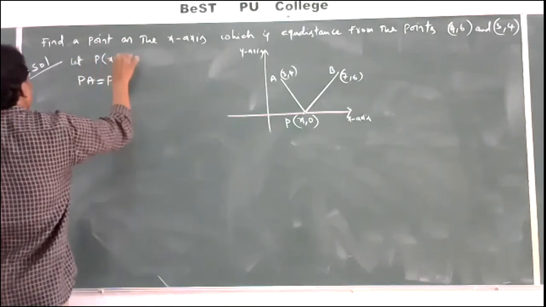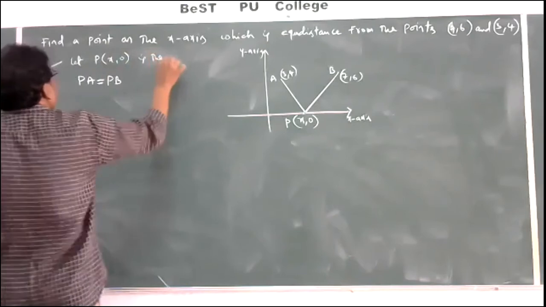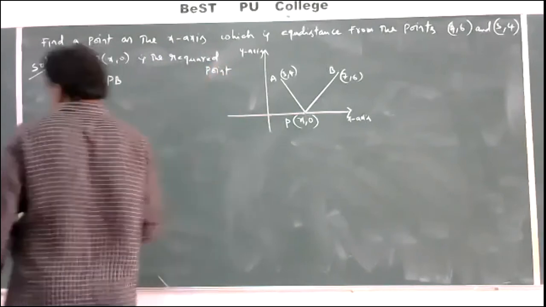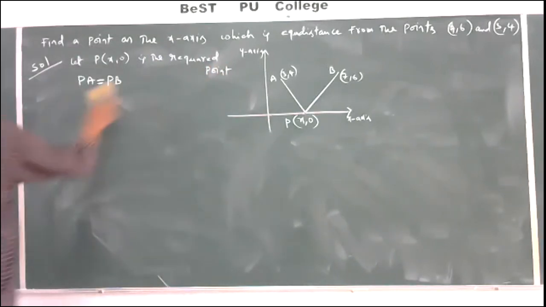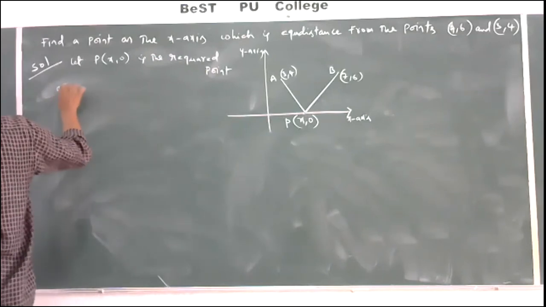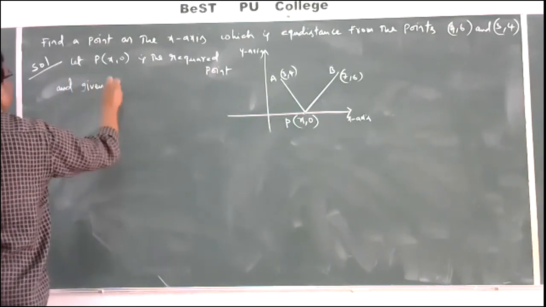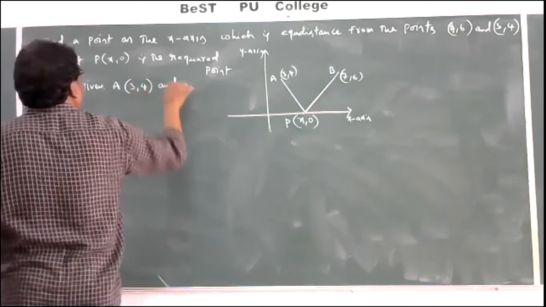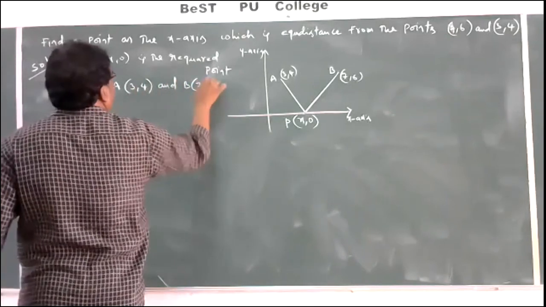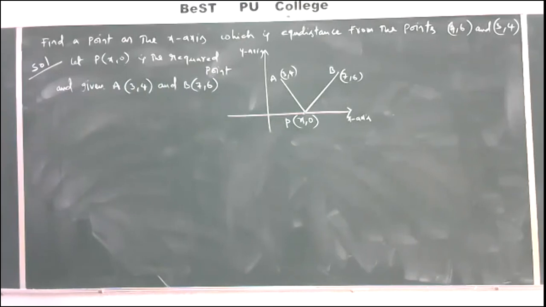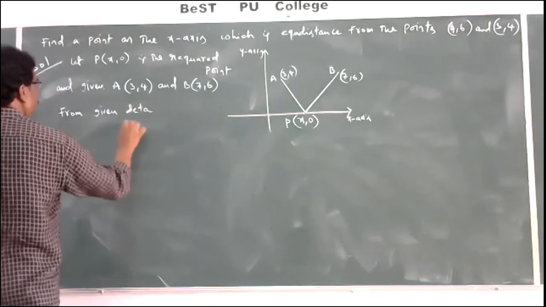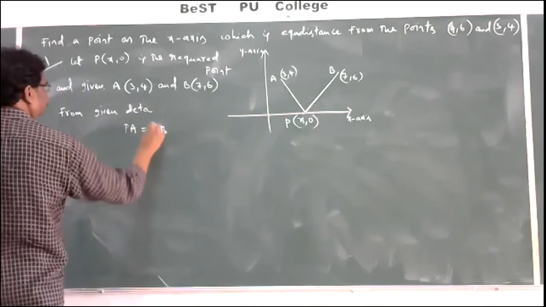Let P(x, 0) be the required point, and given A(3, 4) and B(7, 6). From the given data, PA is equal to PB.